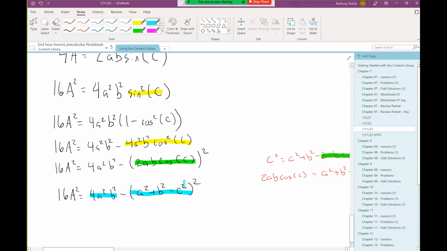If I look at these two things, I see that this is a difference of two squares, right? This first piece I could think of as 2ab squared. So I'm going to factor that now using my difference of two squares. Oh my goodness, Mr. Kulik, are you joking me? Nope. I am not.